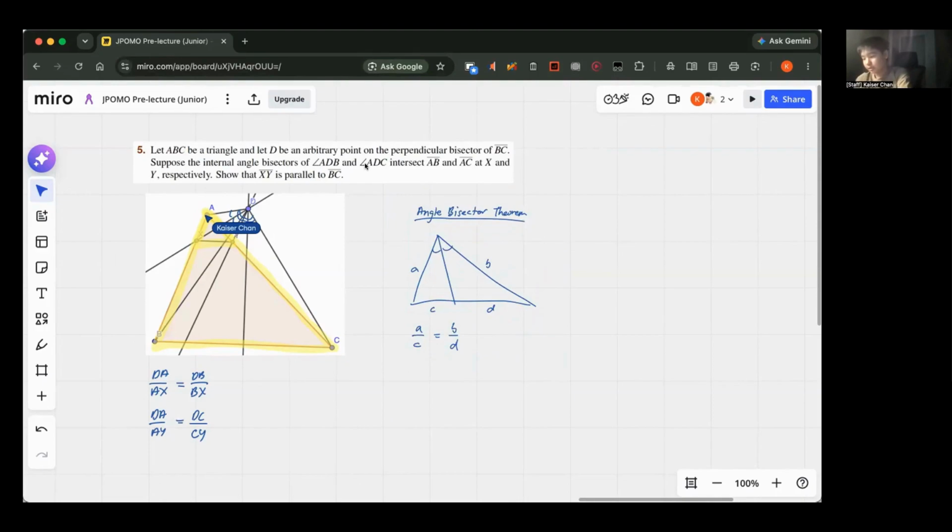Yeah. So essentially, another way to state this is we want to show that triangle AXY is similar to triangle ABC.